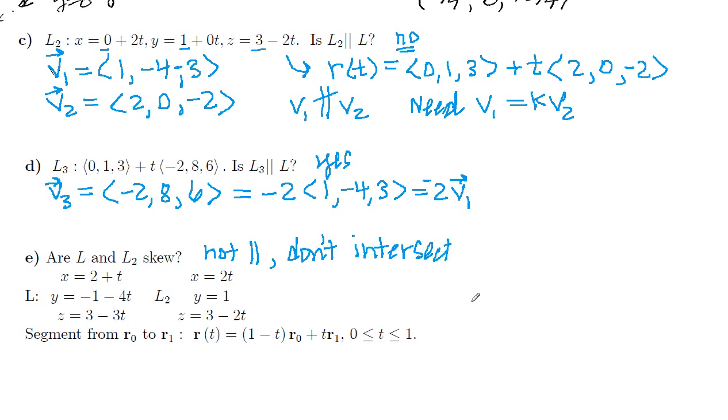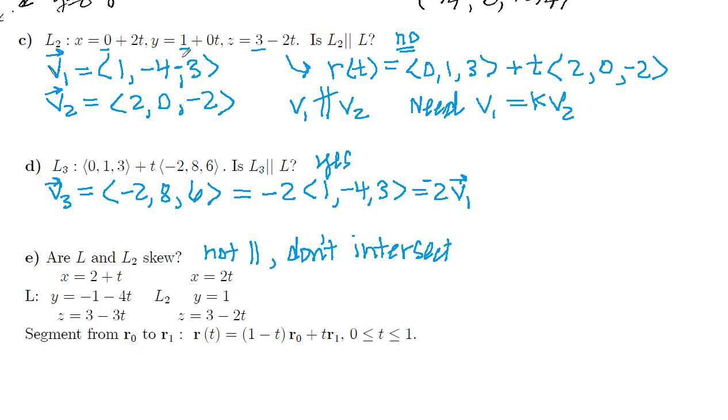If two lines intersect, then their x, y, and z values have to be the same at some point in time. So here's the parametric equations for line L. Here's the parametric equations for line L2. And we want to know if they hit each other.